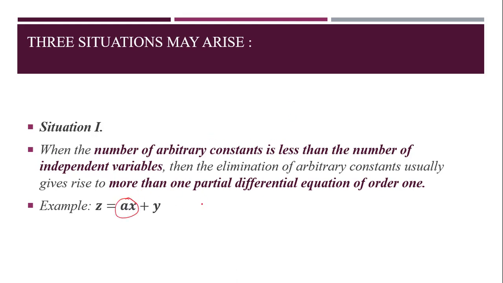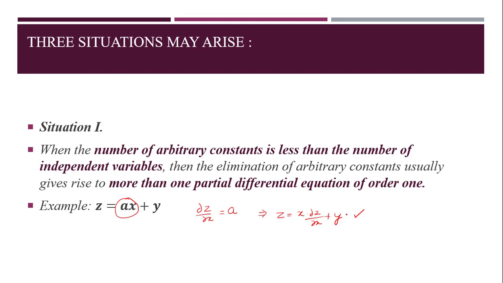If I differentiate with respect to x, I will get del z by del x is equal to a, right? So I got the constant. If I substitute it back, it leads to z is equal to x into del z by del x plus y. This is a partial differential equation we have obtained, right?